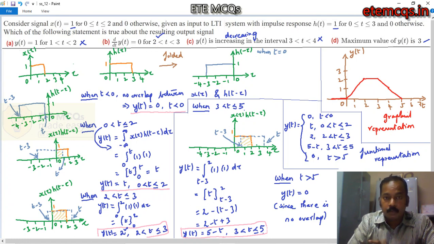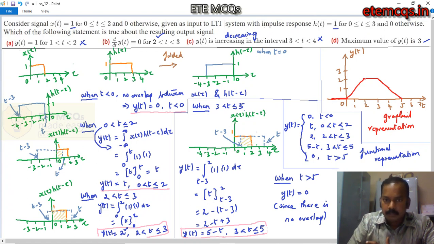If you are good at animating the signals, you can just think about after folding, the maximum region of overlap will be 2. And as t moves away, the region of overlap will reduce. That is why you get 5 minus t, with a minus sign. So this is also incorrect. The maximum value is not 3.